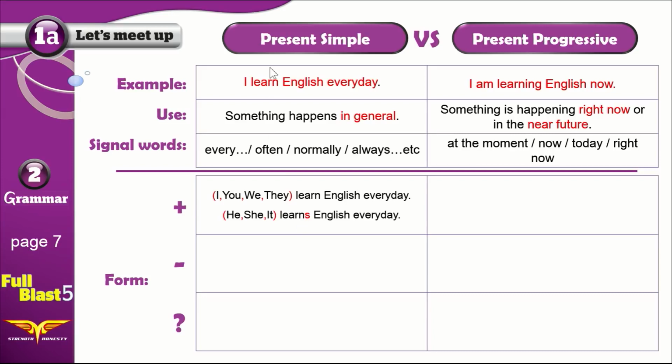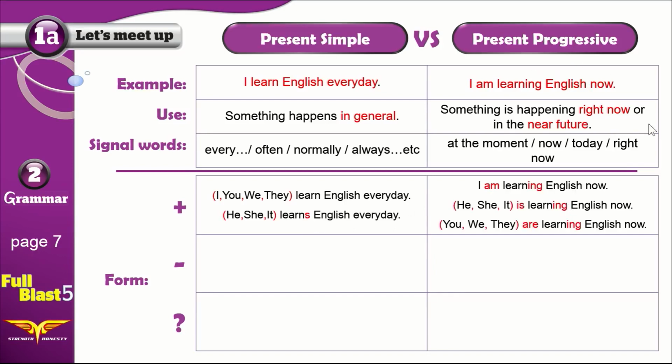So if you are using present simple, the subject is he, she, or it, then you must add s to the verb if it's in the positive form. Okay? If it's positive, present simple, and you are using he, she, or it, then you must add s. Present progressive, you have to add the verb be.